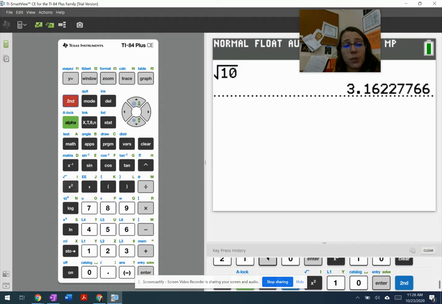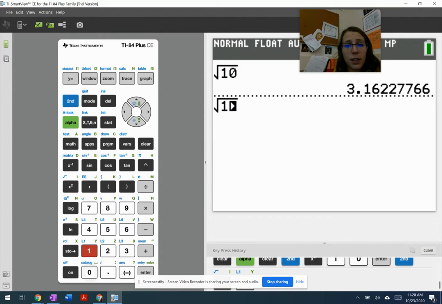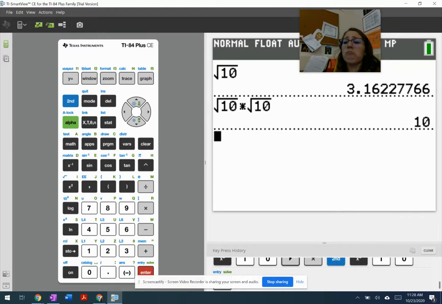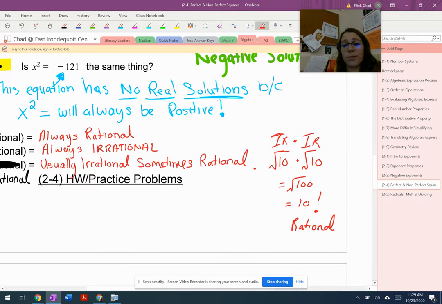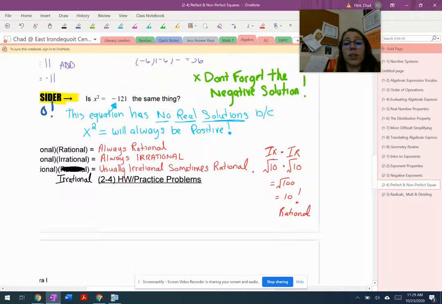But then if I do the square root of 10, and now notice here, before I put my times sign, I'm arrowing out of that square root, times the square root of 10, that gives me 10. So that's that special situation there. 10 is rational. And this is where you have an irrational times an irrational, and that gives you a rational. So it all depends on the situation you're looking at.